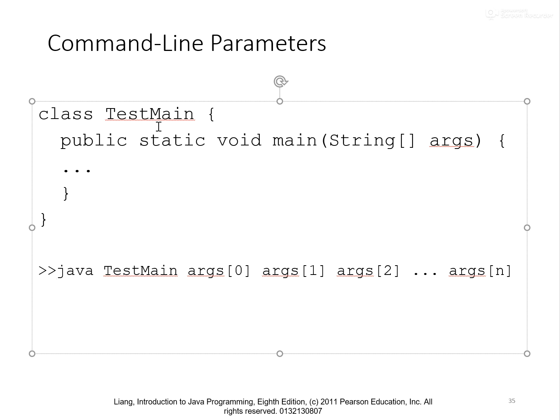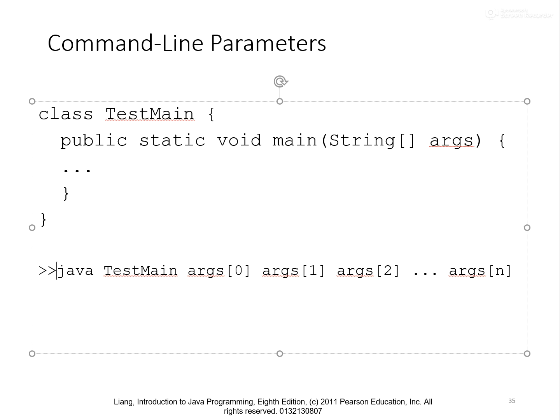Test main, the name of your project, your program, and after that you can add, separated by spaces, a bunch of text, which will be treated as each of these arguments will be treated as a string, and these strings that you give over here at the command line are received as arguments in the main method, and you can use them over there.